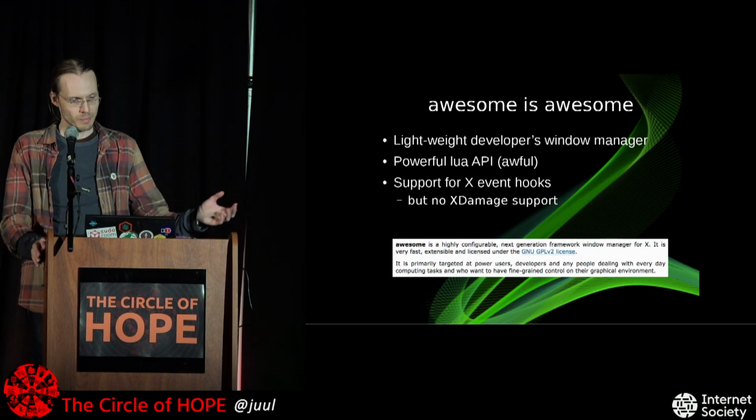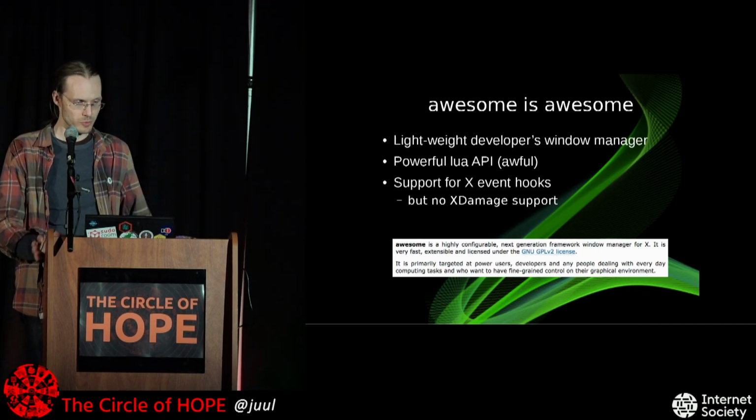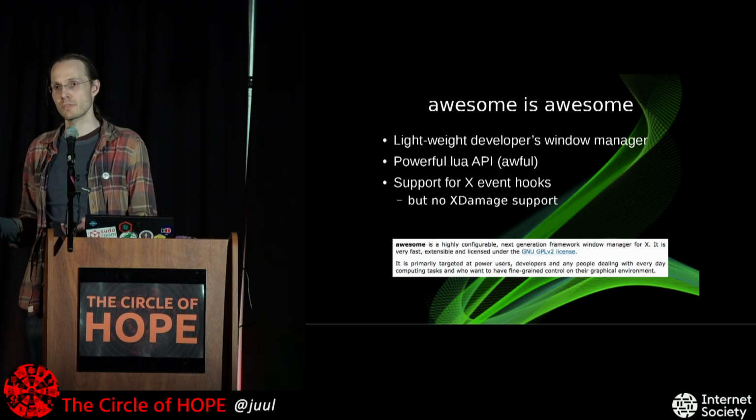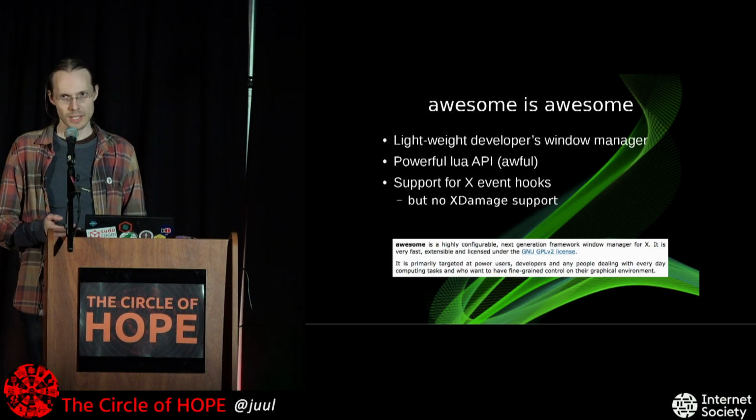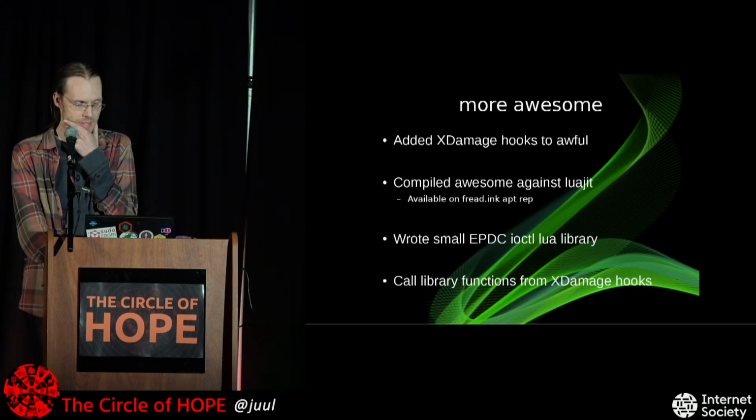Unfortunately, their patch to Awesome is ancient, and so I looked at their patches, talked to the Awesome developer, and implemented the patches on the latest version of Awesome. So now we have these X damage event hooks.